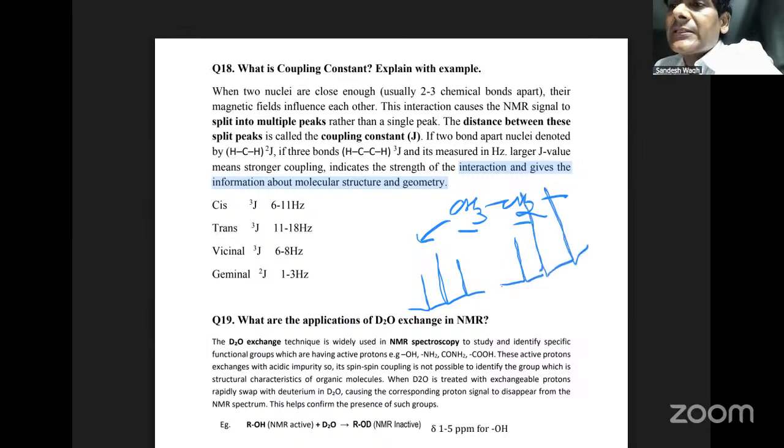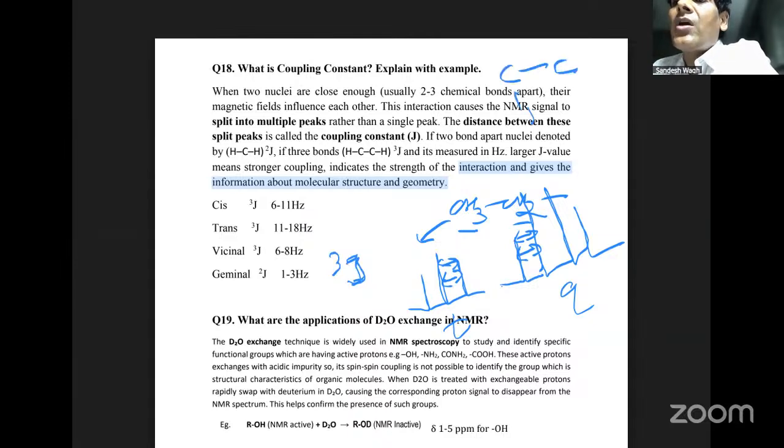Just understand, this spacing distance is fixed. Now, what is coupling constant? The spacing distance between the split peaks. This is a triplet, this is a quartet. This spacing distance and this spacing distance is, suppose, J. J is equal to the number, and 3J means the bonds between this carbon and this carbon having a proton like this.